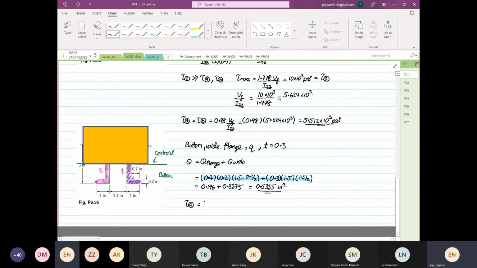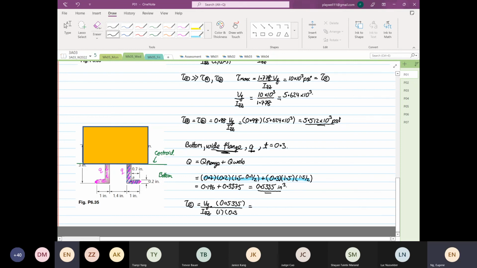So from here, you can calculate your shear stress at point C by taking it from the bottom. This will be Vy over Izz, times 0.5335. Because it is a wide flange analysis, the Q is just 1, so you can put it or not. The thickness is equal to 0.3.